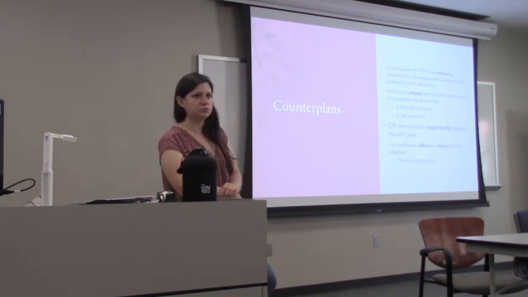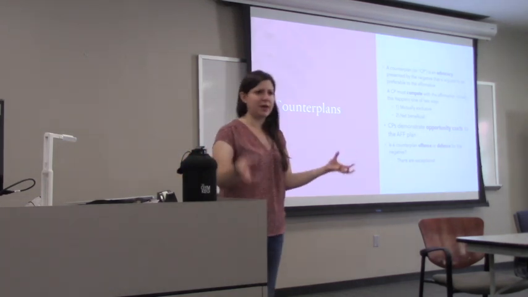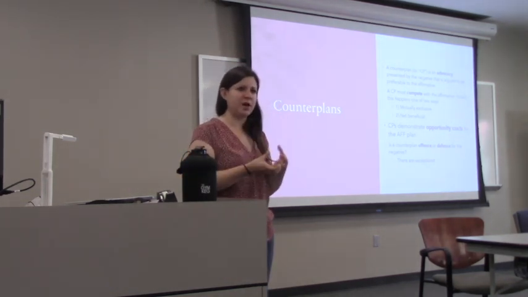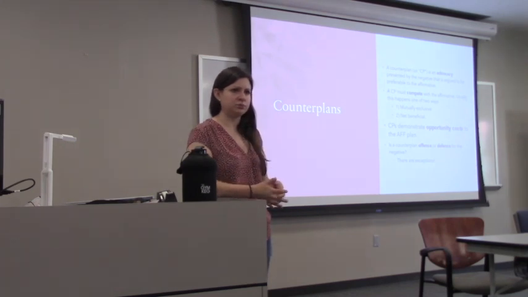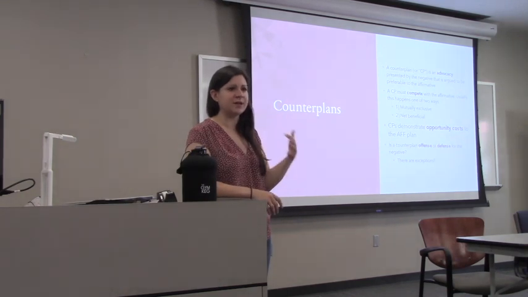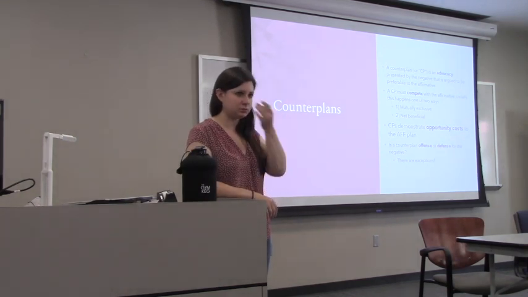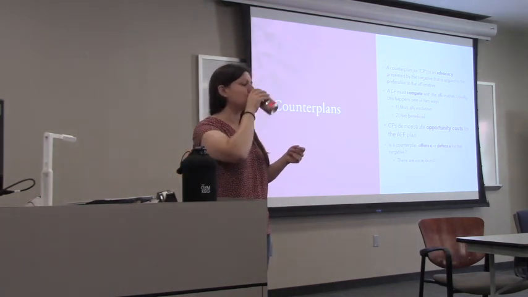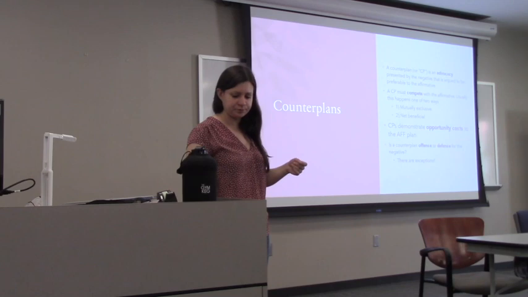Can you explain mutually exclusive again? Mutually exclusive means that the plan and the counterplan cannot logically or legally both be done at the same time. Right, so a permutation doesn't work because they're mutually exclusive. Can you go over the opportunity costs one more time?